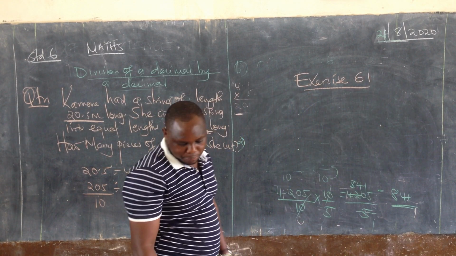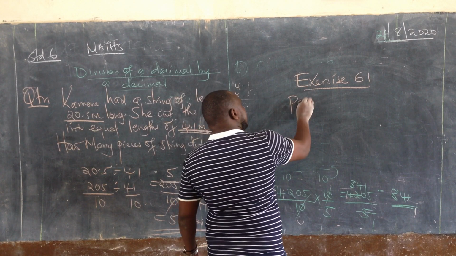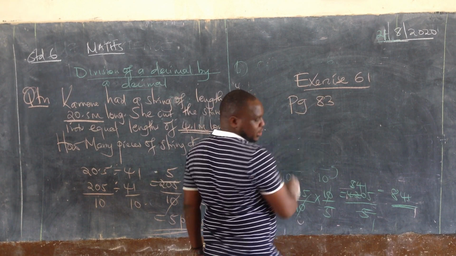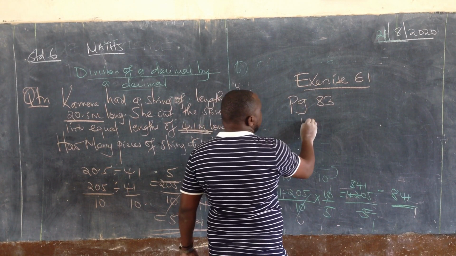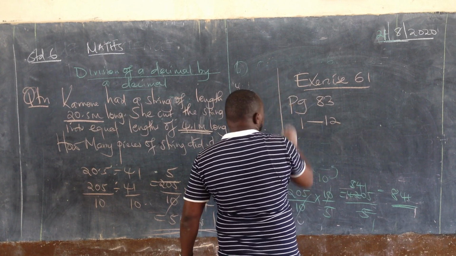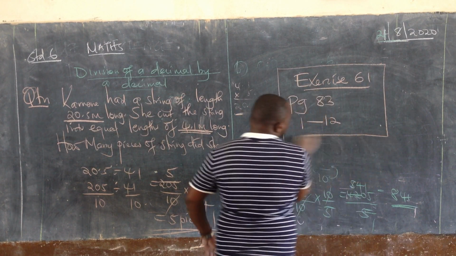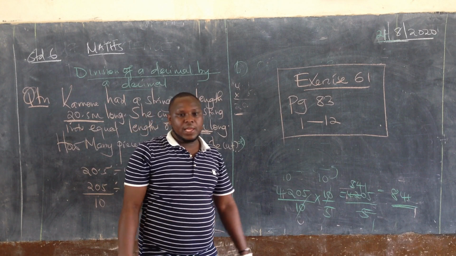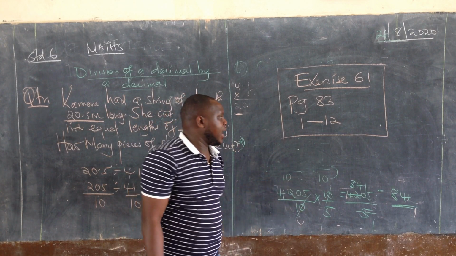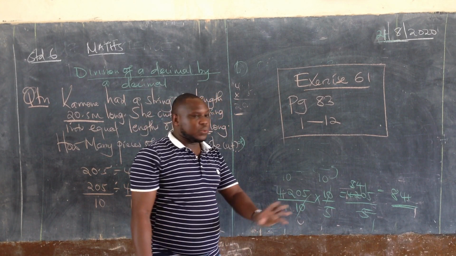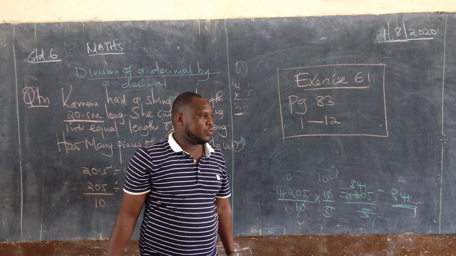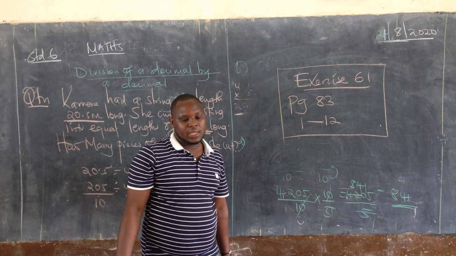That is going to be found on page 83. You are doing questions number 1 to 12. So I'm sure that you do this work. Do it properly, following the methods that I'm giving here. And you'll be able to do any question, even in an exam.